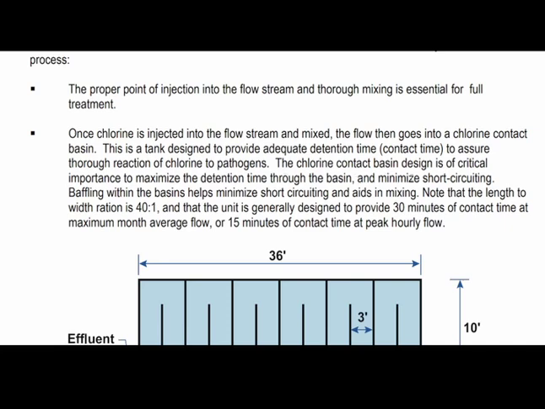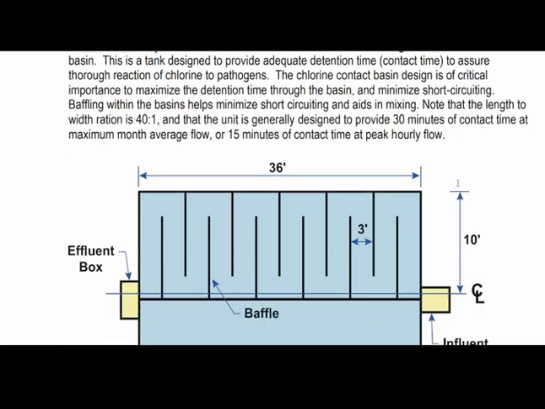The chlorine contact basin design is of critical importance to maximize the detention time through the basin and minimize short circuiting. Baffling within the basins helps minimize short-circuiting and aids in mixing. Note that the length to width ratio is 40 to 1, and that the unit is generally designed to provide 30 minutes of contact time at maximum month average flow, or 15 minutes of contact time at peak hourly flow.